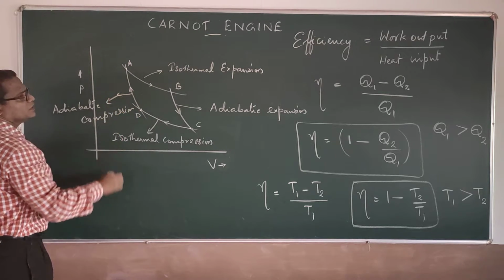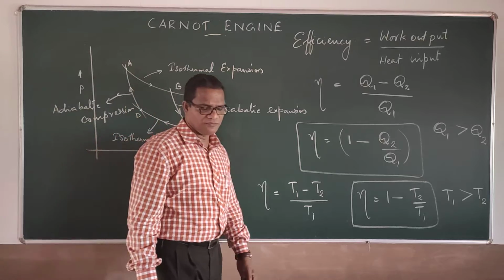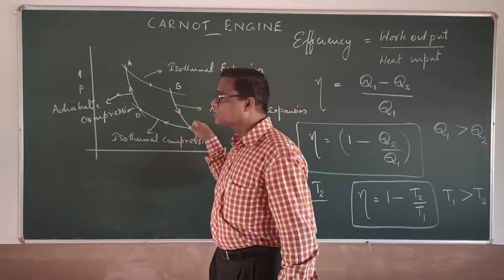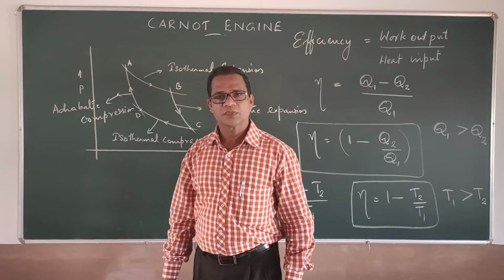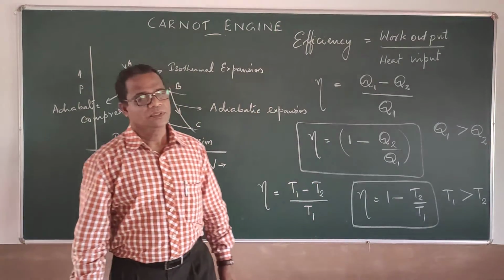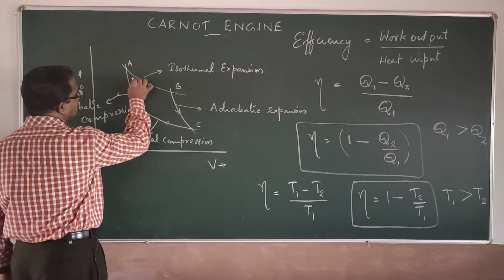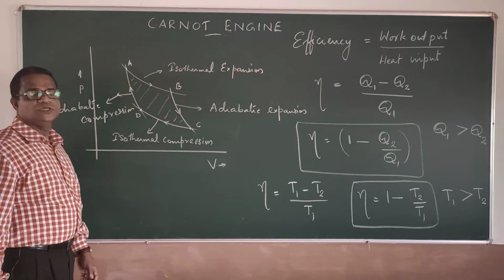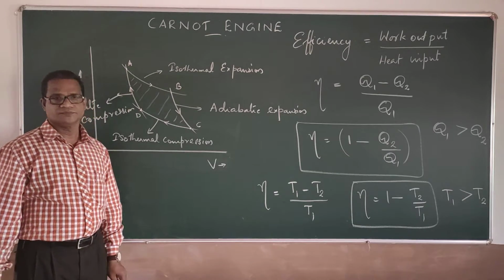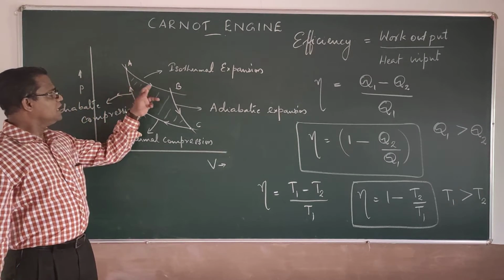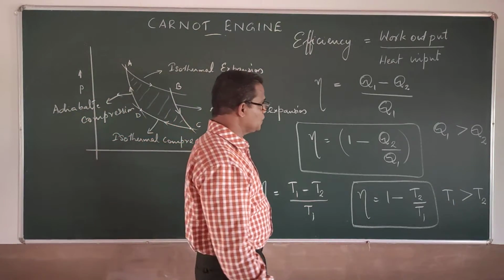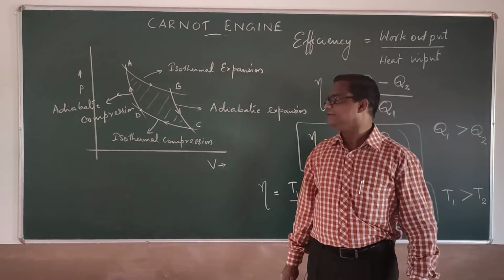These are the four stages of working of a Carnot engine, and we call this the Carnot cycle. The area inside the Carnot cycle gives the work done in the process, because the area of the cyclic loop gives the work done in a cyclic process, as you might have studied.